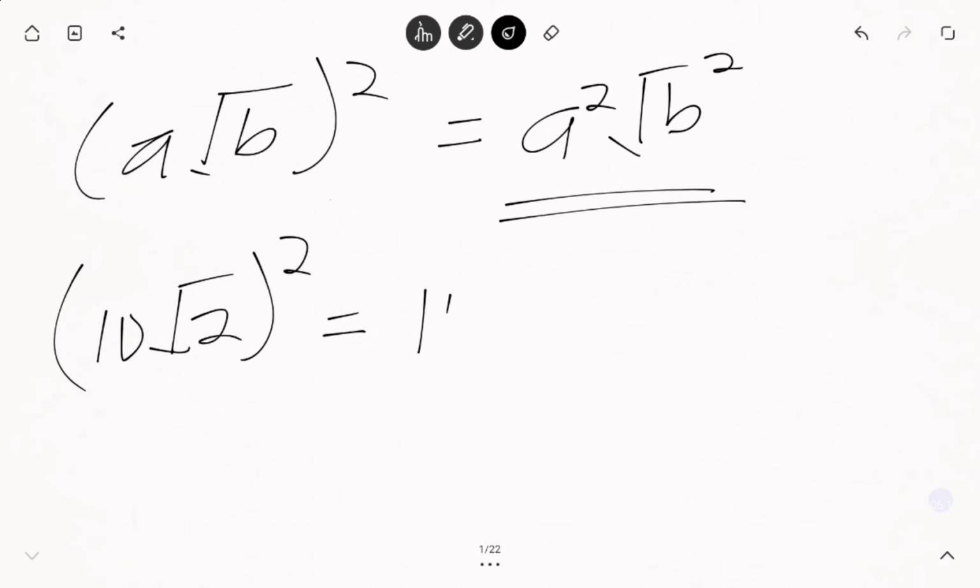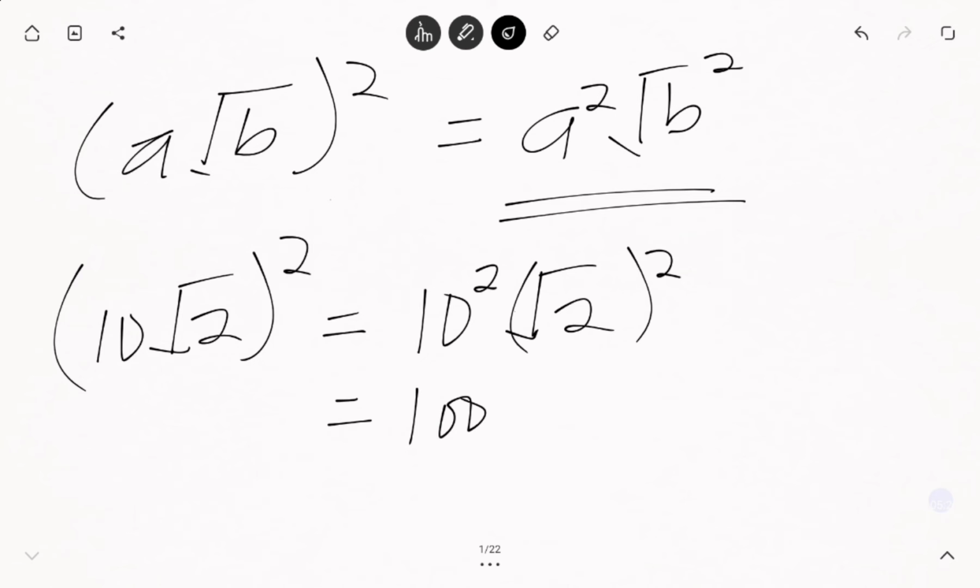So it implies we have 10 squared multiplied by root 2 squared. Now, you know that 10 squared is 100, and then root 2 squared, the square cancels the root, so you only have 2 over here. So you have 100 multiplied by 2, and that will give you 200 as your answer.